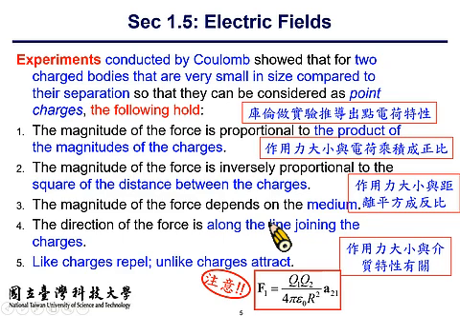If the surrounding material is air or vacuum, then it can be described as 4 pi epsilon sub 0. So the 4 pi epsilon sub 0 is pretty much like the G constant in the gravitational force. For the electrical force, the material dependence is described by 4 pi epsilon sub 0.